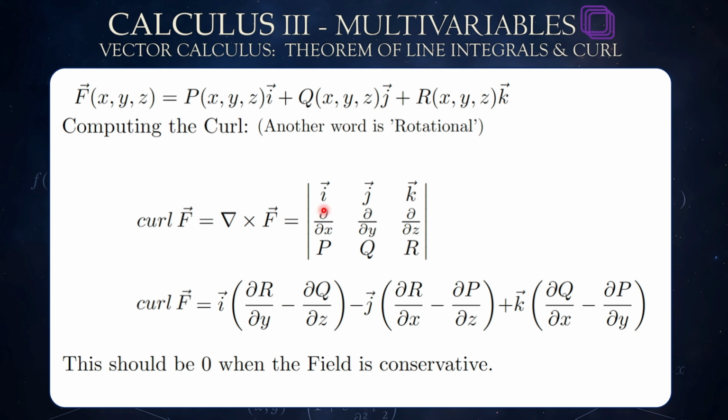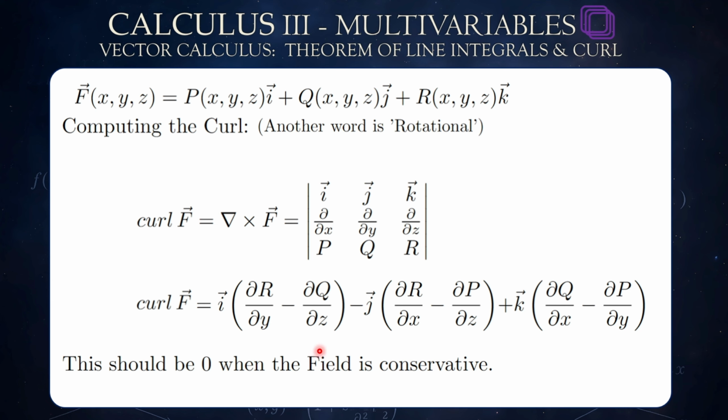It's equal to the determinant where you place i, j, k, the unit vectors, on top, then partial derivative over x, partial derivative over y, partial derivative over z, and P, Q, R. So curl F is equal to i times (partial R over partial y minus partial Q over partial z), minus j times (partial R over partial x minus partial P over partial z), plus k times (partial Q over partial x minus partial P over partial y).